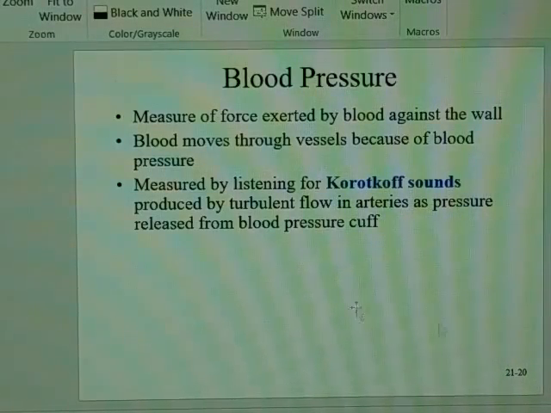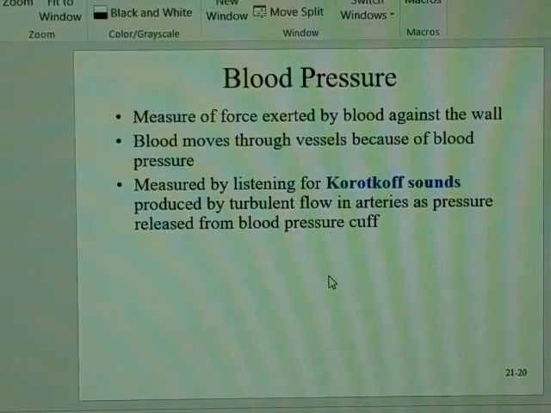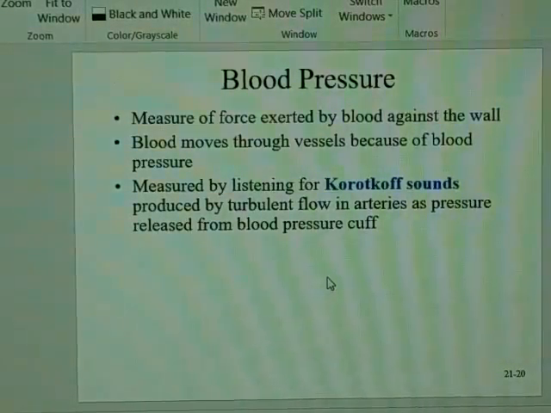Now, when we do blood pressure and we're using the blood pressure cuff, we listen for Korotkoff sounds, which is the pressure, the turbulence of the flow in those vessels.